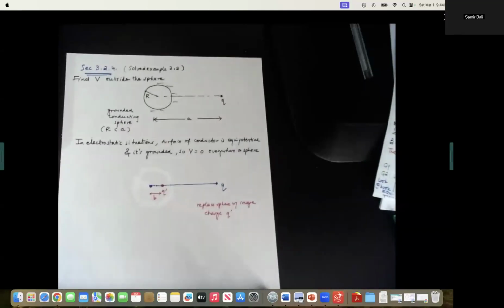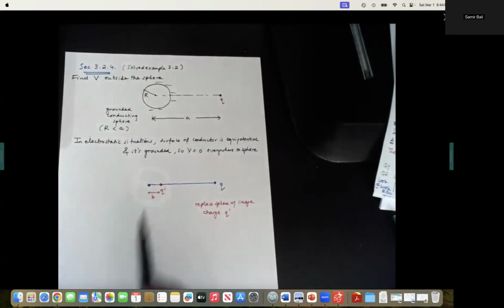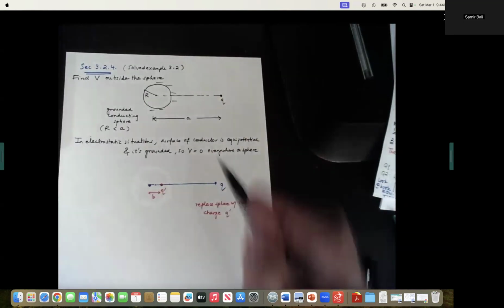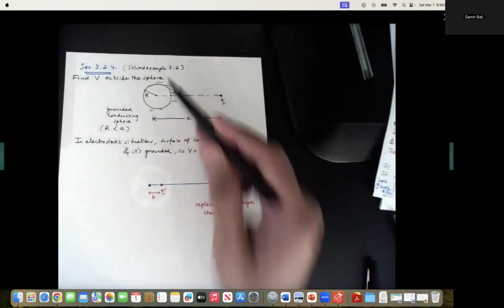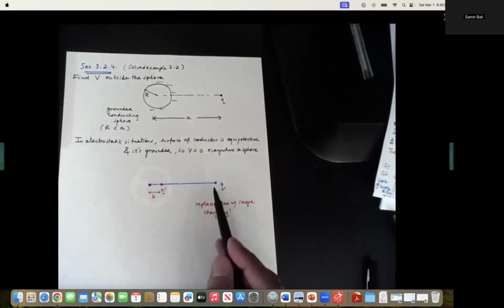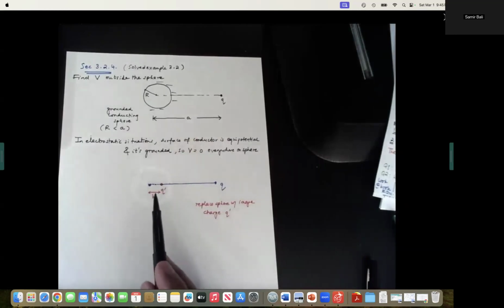Okay, I took a drinks break quickly, and you'll notice that I've erased and restated this problem where I am replacing the conducting sphere by just this image charge, Q prime. So now I'm not showing the sphere anymore because I've replaced the problem.